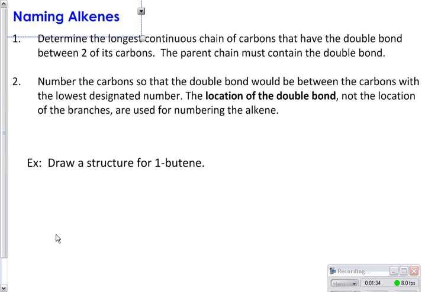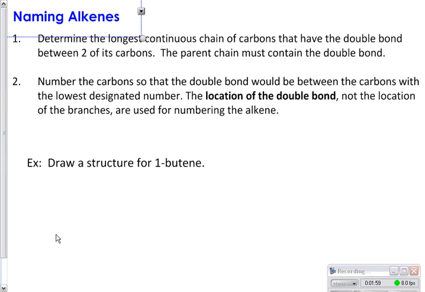If it was between carbons 1 and 2, we would call it a 1 location because it's implied that it's also between 2. If it were between 2 and 3, we would call it a 2 double bond. So it's the location of the double bond that matters the most. We want the double bond to have the lowest number, not any branching. The branching will fall off after the double bond has been located.